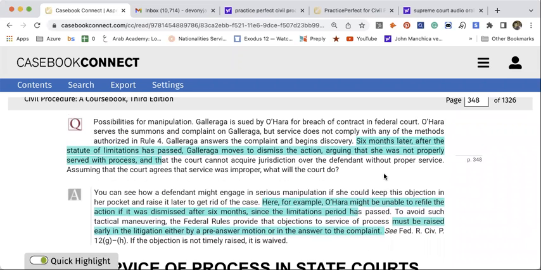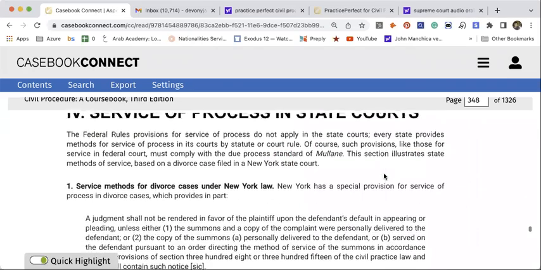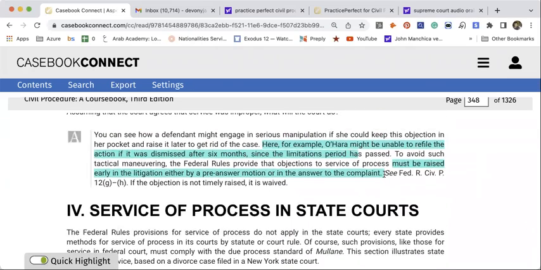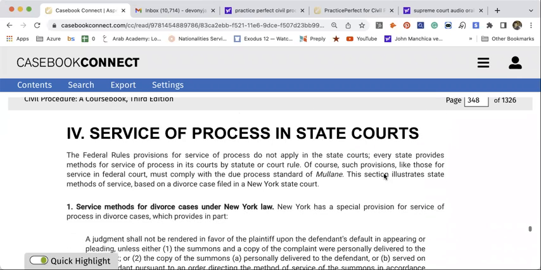Also, she waits 6 months to say that she didn't have proper service after the statute of limitations passed. So you have to bring it up early, or you can't, because then they wouldn't be able to refile because the statute of limitations had passed.